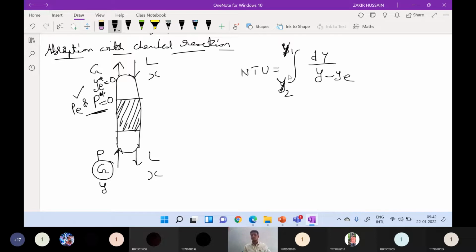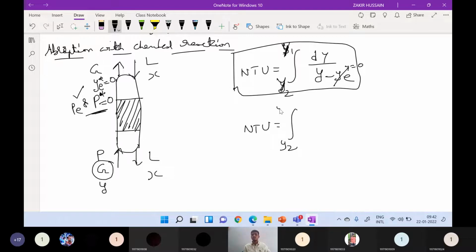This is the NTU equation for the lean gases we have seen. If ye is already zero, then simply this will be reduced to NTU equal to the integral from y2 to y1 of dy by y.